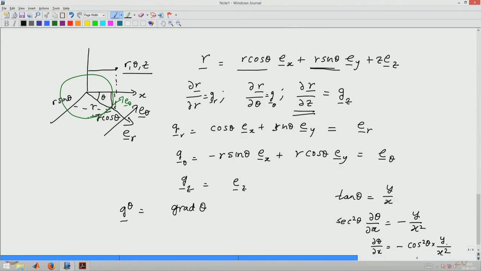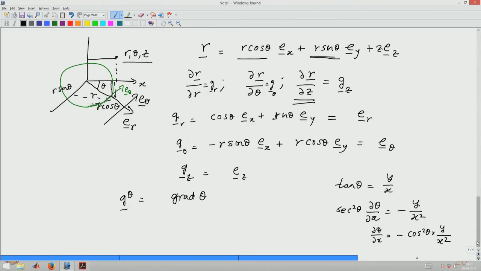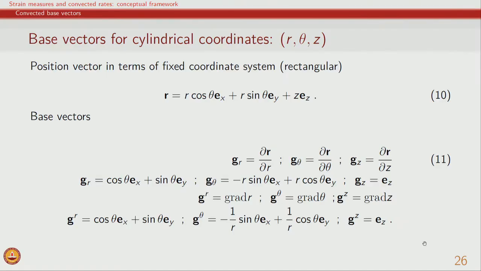So, since x is r cos theta itself, we can substitute it here, and so cos square theta x squared by cos square theta will give us the r squared itself, and y is nothing but r sin theta. So, therefore, this overall quantity can be shown to be sin theta by r, and that is what we have here in the first term.